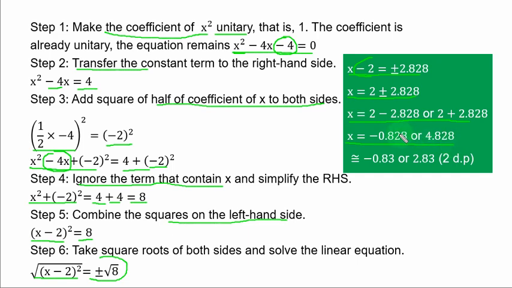To 2 decimal places, if you approximate, you have minus 0.83 or 4.83. That is what you should have here. That is the answer to 2 decimal places.